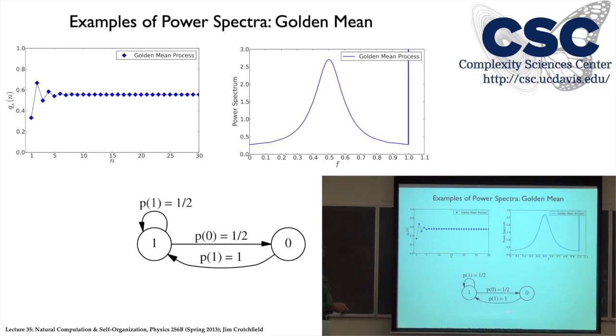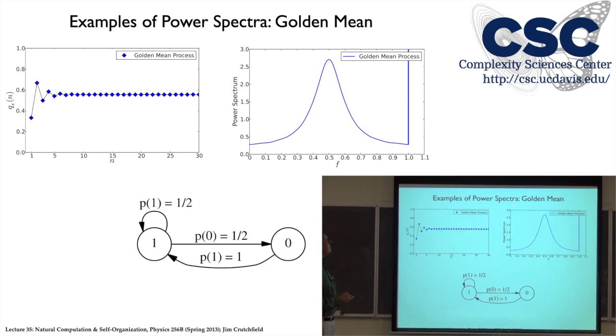Let me just remind you that if the last symbol I've seen is a 1, then the next symbol is a 1 with probability 1/2 or a 0 with probability 1/2. However, if the last symbol I've seen is a 0, then the next symbol has to be a 1. What this does, particularly at this state, is it forbids any sequence that has 2 consecutive zeros in it. So it has some structure, but it's also considerably random.